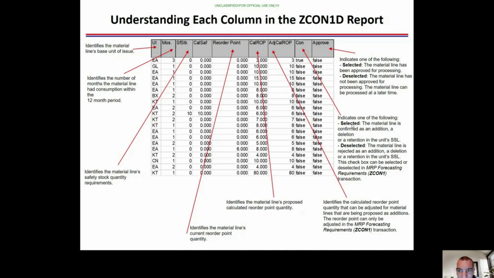This indicates one of the following: selected or deselected. It's either going to confirm or not confirm your unit's SSL. Then approved is going to be really a 0 and a 1 code. I'm going to show you all that, but it's just letting you know if the material has been approved for processing or has not been approved for processing.